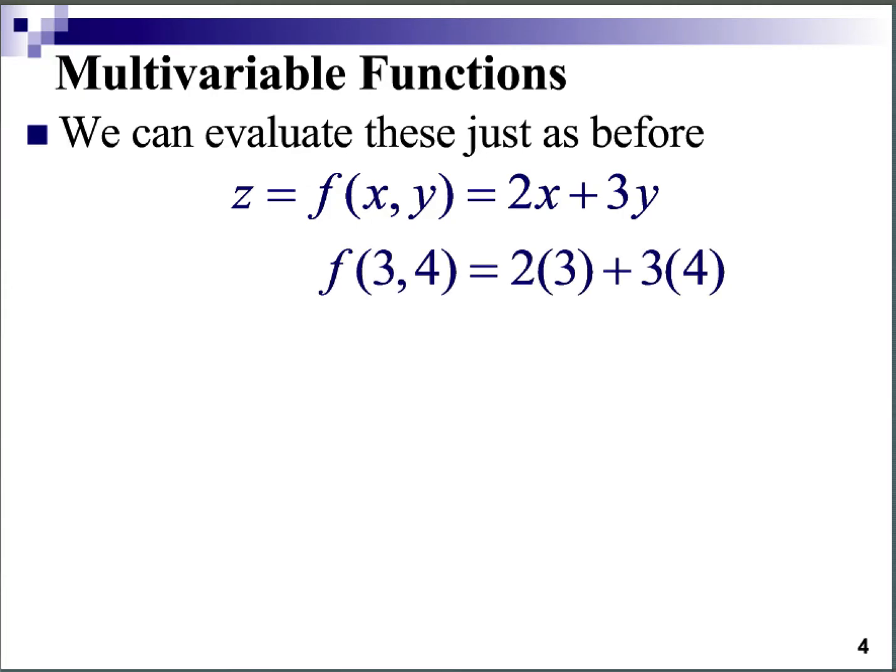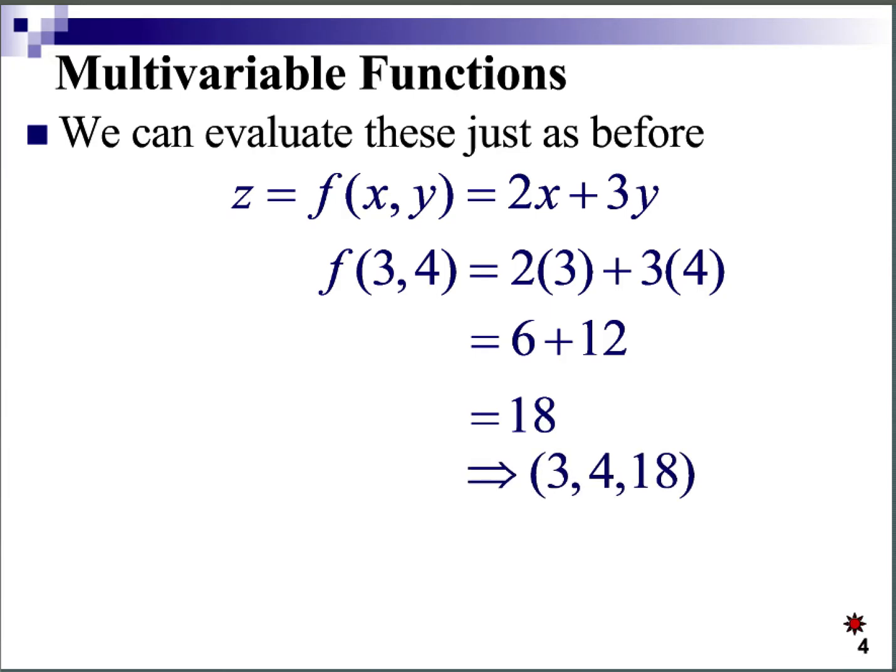So let's say we wanted to compute the value of f of 3, 4. The way you would do this is that you would substitute 3 for x and 4 for y in the function's equation, as you can see here. So we just have 2 times 3 plus 3 times 4. And then after that, you do the basic arithmetic. When you do that, you get 6 plus 12, or 18. So the value of this function at 3, 4 is 18.